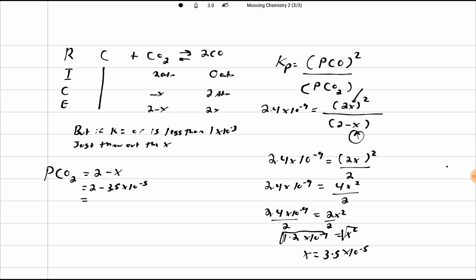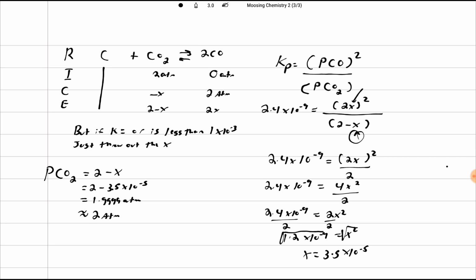Let me get my calculator here. Okay, so we're going to go 2 minus 3.5 times 10 to the negative 5th equals 1.99999 ATMs. And that's practically approximately 2 ATMs.